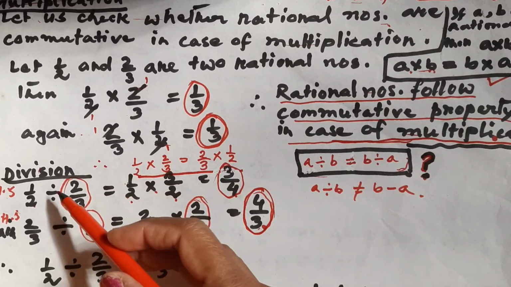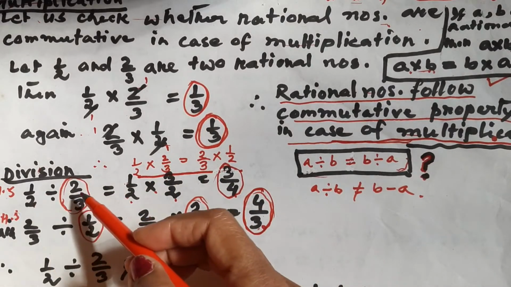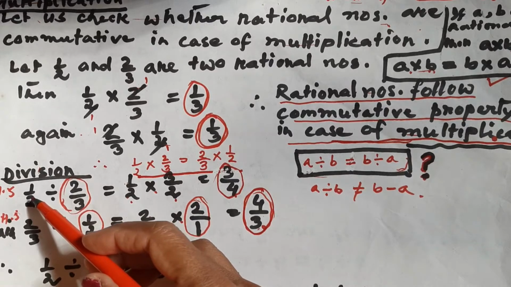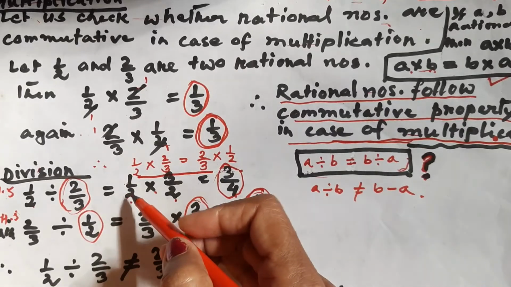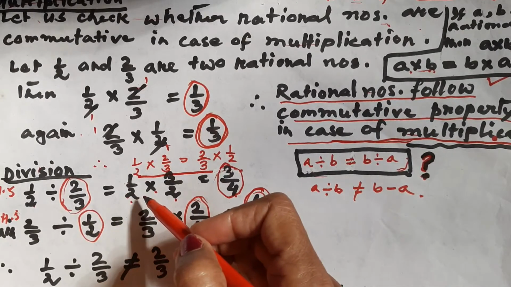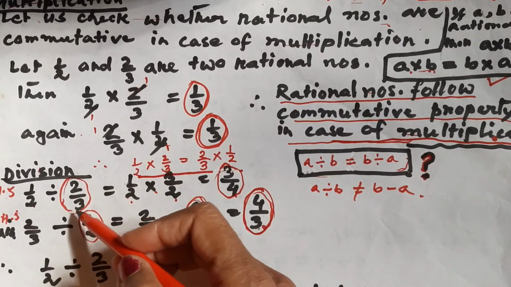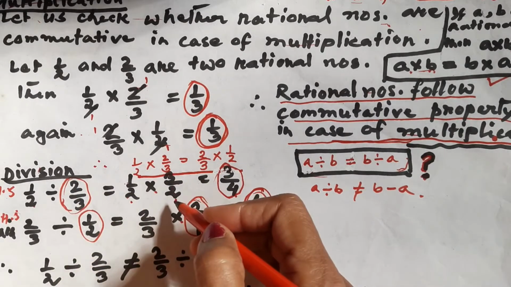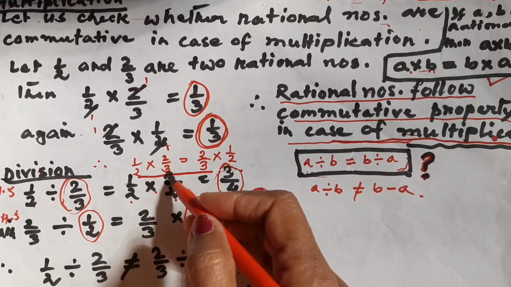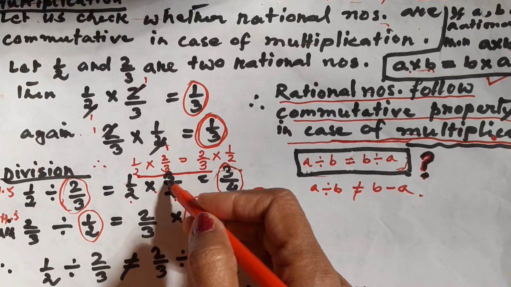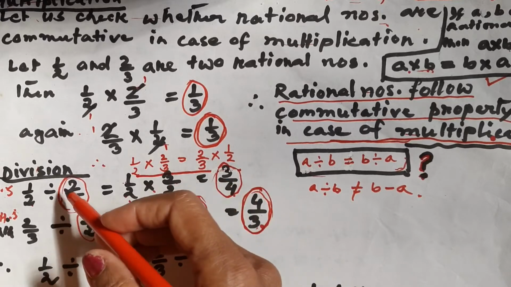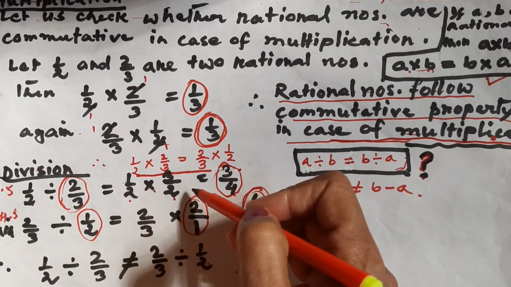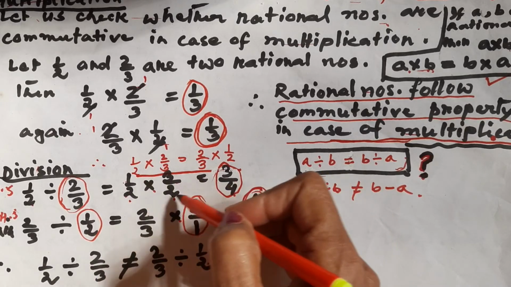We put half and 2 by 3 for a and b, and it will be half divided by 2 by 3 equal to half into 3 by 2, because the second number is replaced by its reciprocal, that is, the numerator is taken to the denominator and the denominator is taken to the numerator according to the division rule, and the division sign is replaced by a multiplication sign. So, 3 1s are 3, 2 2s are 4.